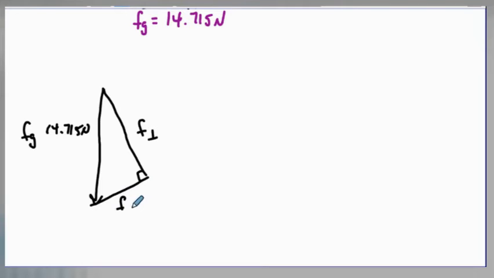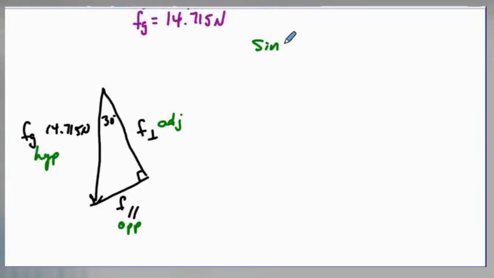This I'm calling parallel. And that's perpendicular and parallel to the surface of the ramp. And we know that this is the 30-degree angle. I'm going to label my triangle using the trigonometric ratio names. So this is my hypotenuse. This is my adjacent side. And this is my opposite side.